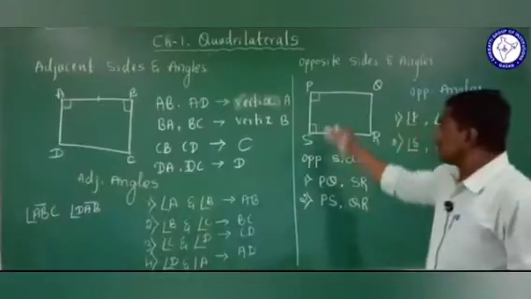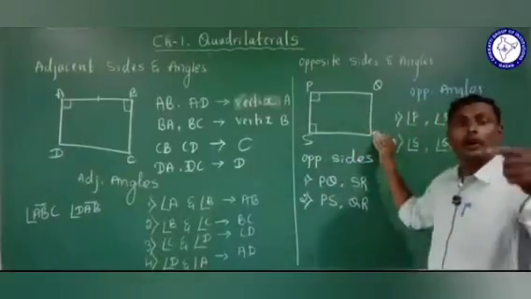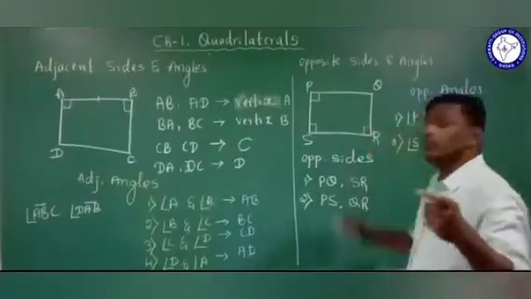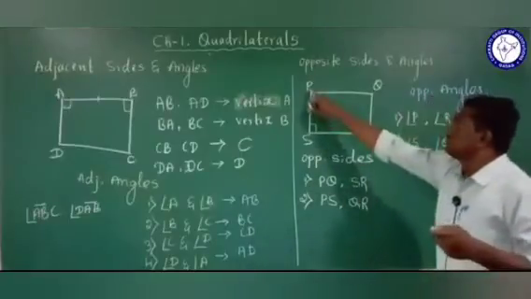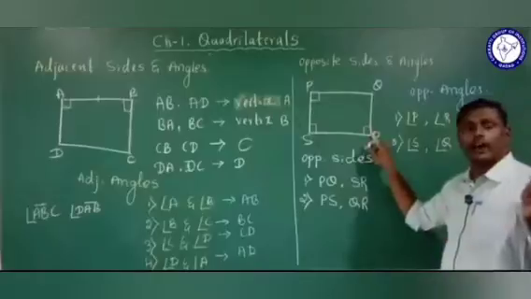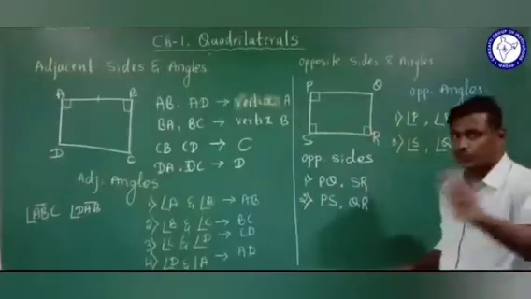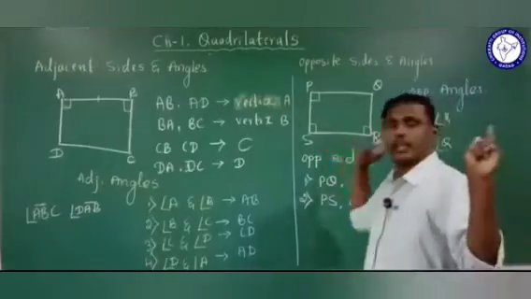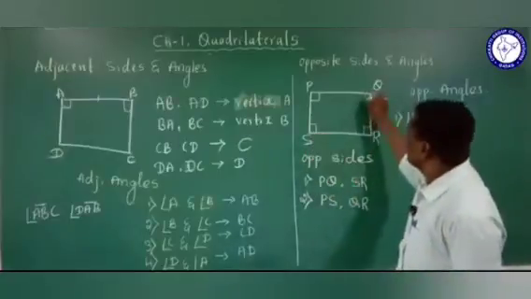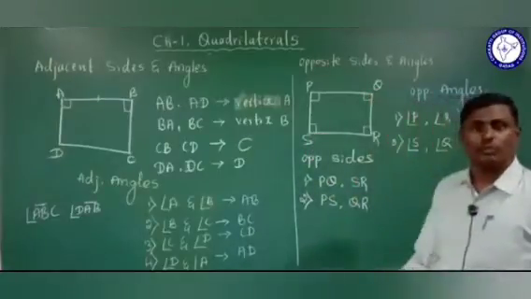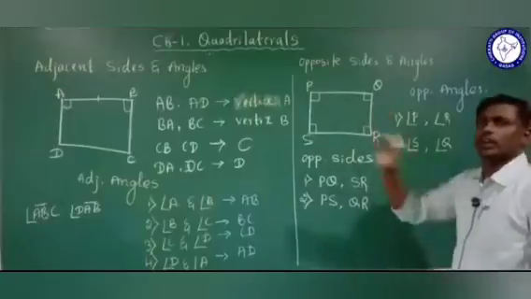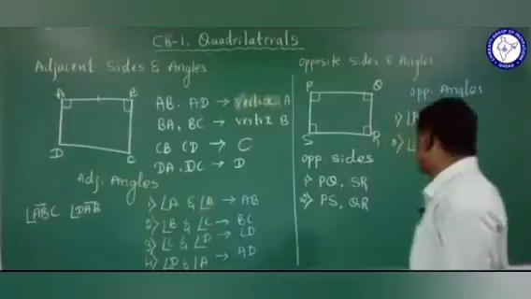So that's why we are not considering them as opposite angles. So angle P and R are the opposite angles which do not have any common side, and angle S and angle Q are the two opposite angles, again which do not have any common sides.